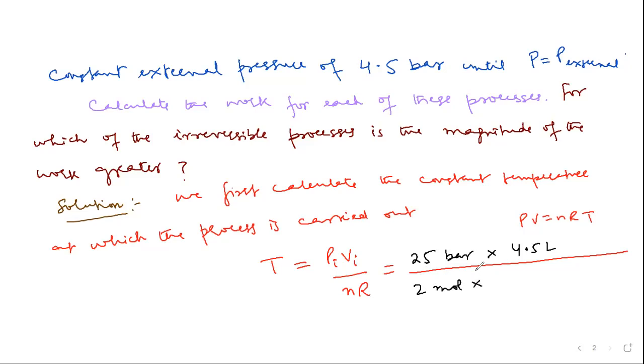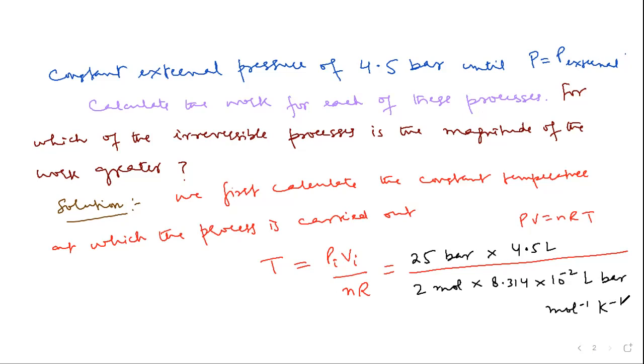Then I have to put the value of R, which is 8.314 into 10 raised to the power minus 2 liter bar per mole per Kelvin. We are using the suitable units for R.